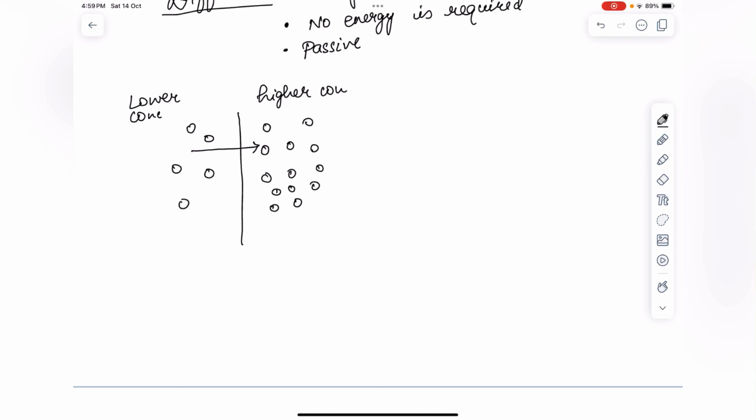So what happens in the cell membrane? In active transportation, it uses energy, ATP will be required.